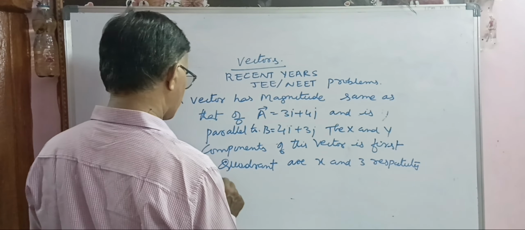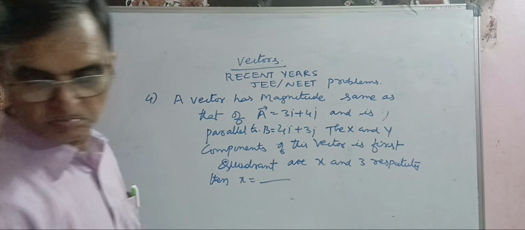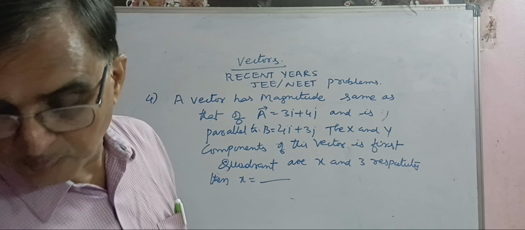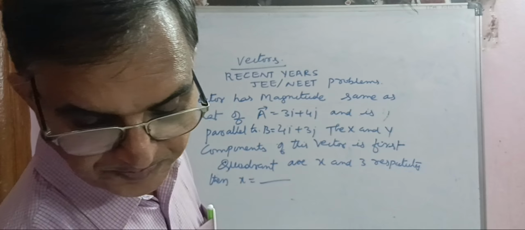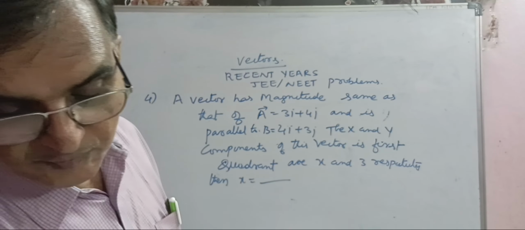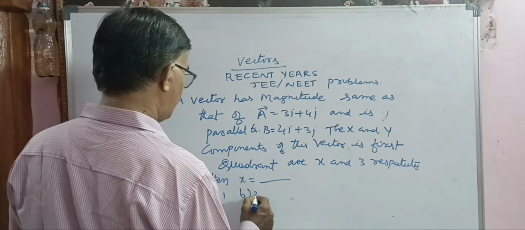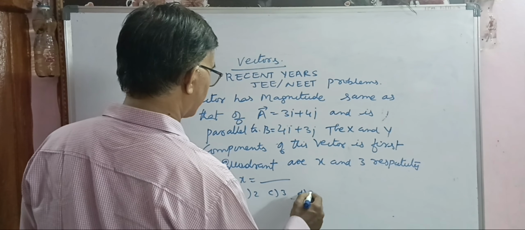Then x value we should find out. X is equal to A) 1, B) 2, C) 3, D) 4.